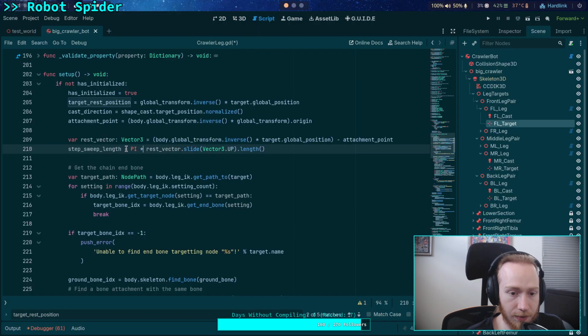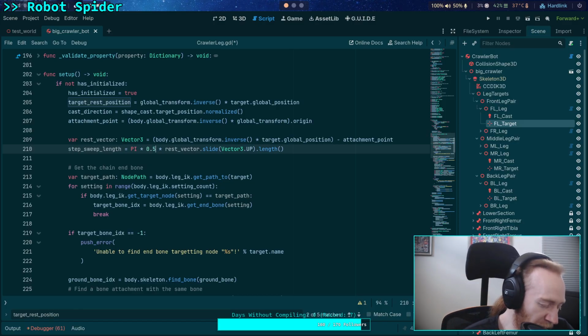And then I do pi. If it's a quarter, the circumference is 2 pi r. Getting half would be pi r, and then getting half again would be that.